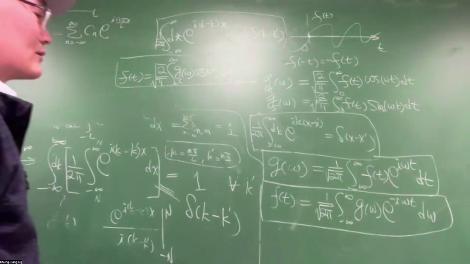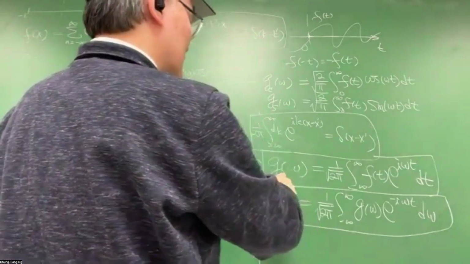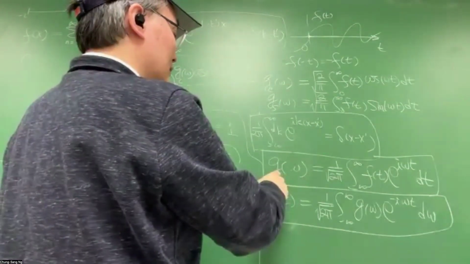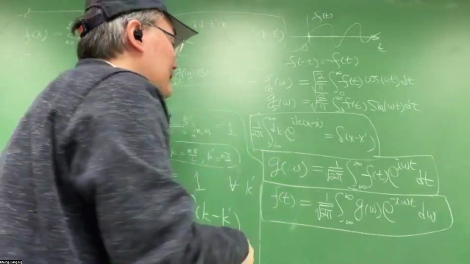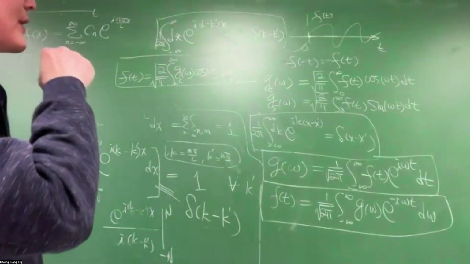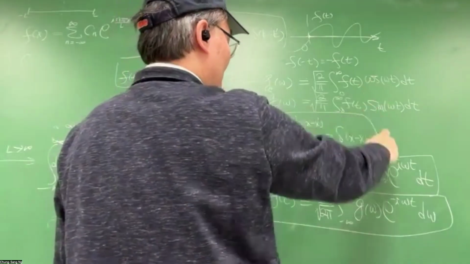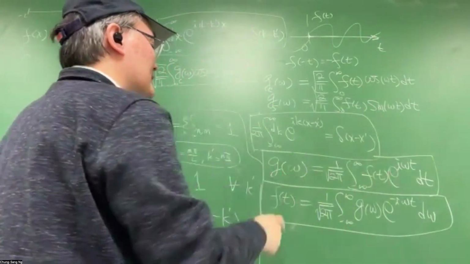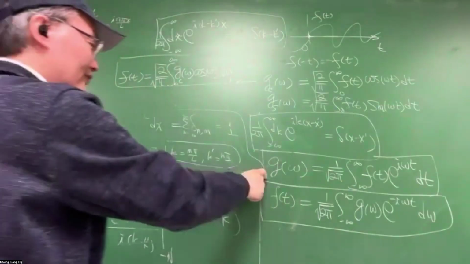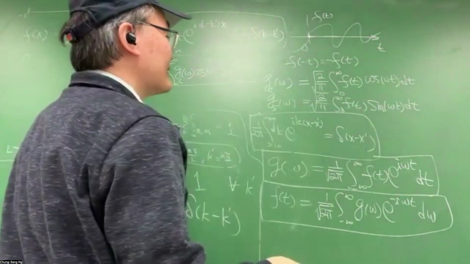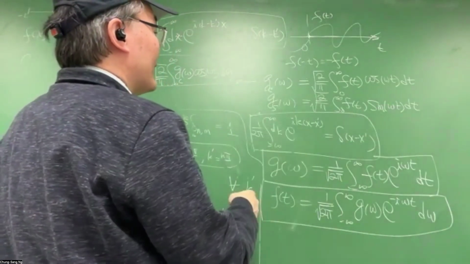So now if you define it this way, then you can add the 2 multiplied by 1 over 2 pi. This becomes the full G, if G is defined this way.